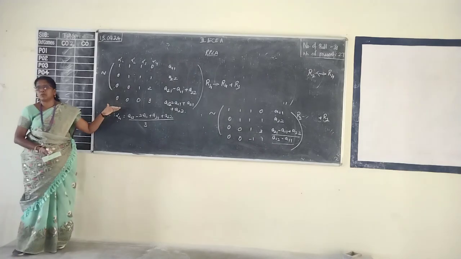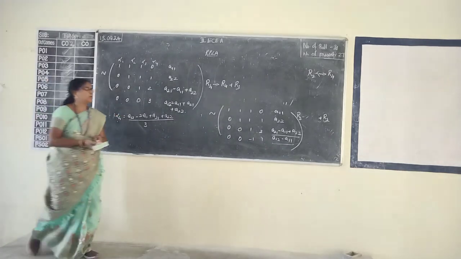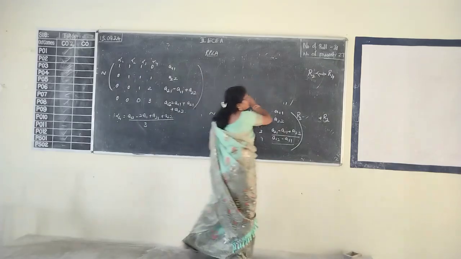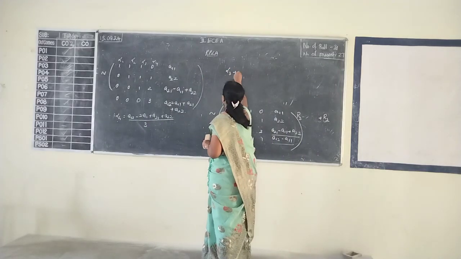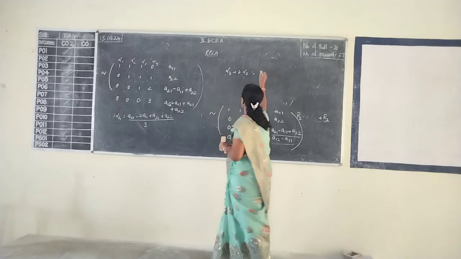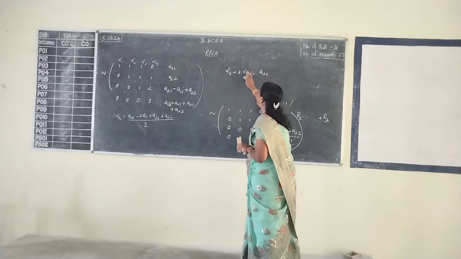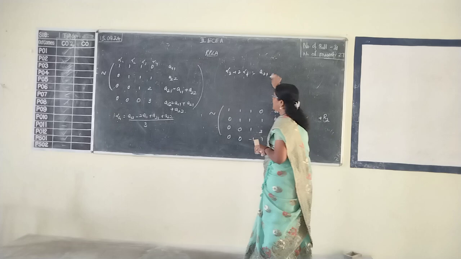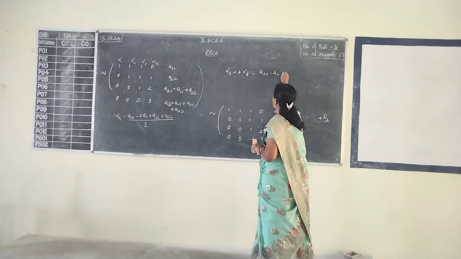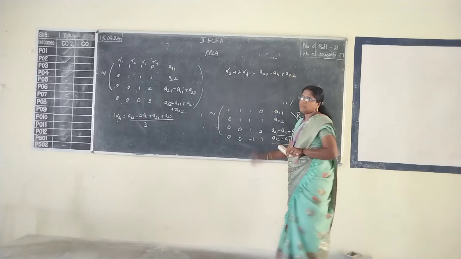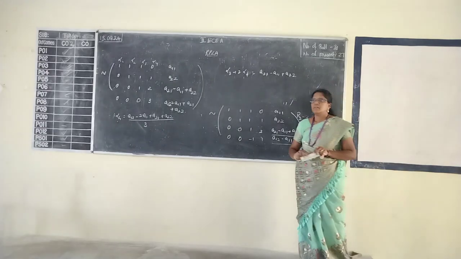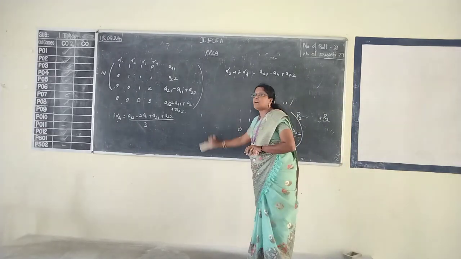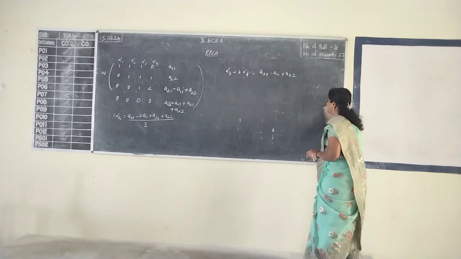Shall we proceed to the next equation? So what is the third row equation? Alpha 3 plus 2 alpha 4 is equal to a21 minus a11 plus a22. Third row equation. So already you got alpha 4, substitute that one.